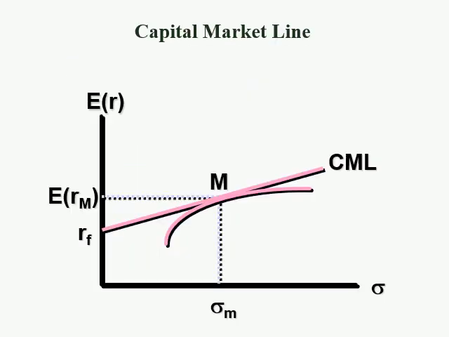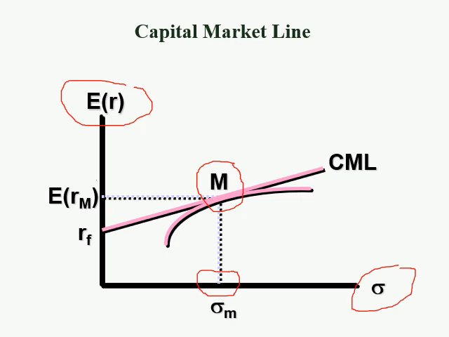Here is the capital market line, and here is the relation between expected return and sigma, or standard deviation, and here is M. M is the market portfolio, and here is the sigma of this market portfolio and the expected return of this market portfolio. And here RF, the risk-free rate. The line between RF and M is the capital market line, and M is the optimal risky portfolio.